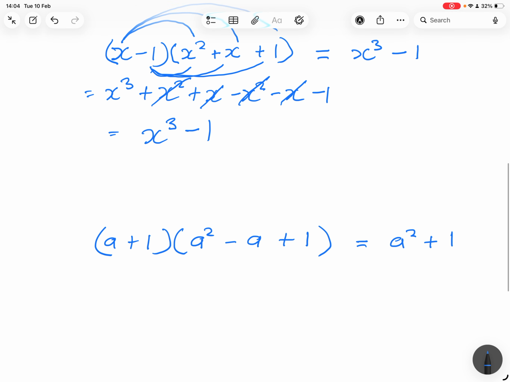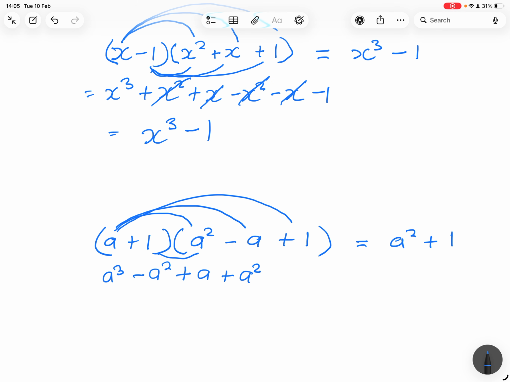So a times a squared, that's a cubed. A times negative a, that's minus a squared. And we've got a times 1, that's a. And we've got 1 times a squared, that's going to be a squared.